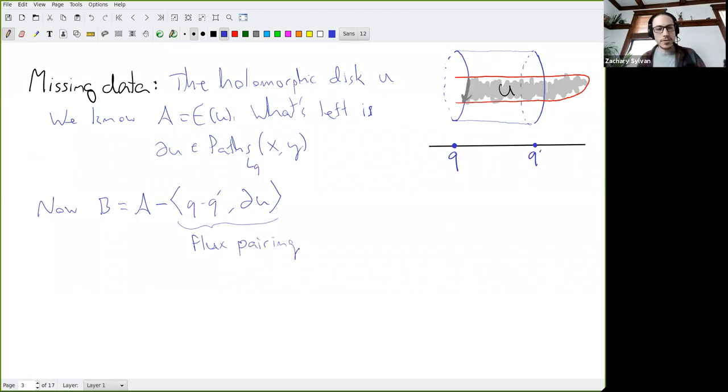And maybe I should note we need to do something if we want to pair a cohomology class with a cochain.